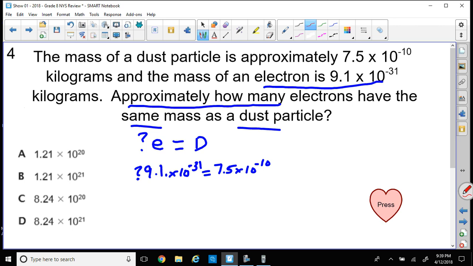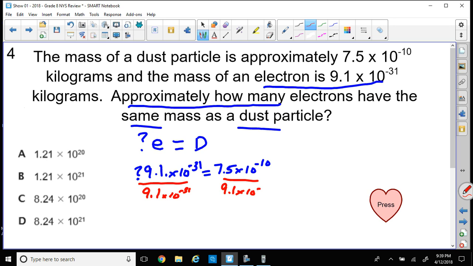Now all I have to do is solve it for the question mark, so I would just divide both sides by the 9.1 times 10 to the negative 31, and that would be my answer, so I'll get a calculator to take care of that.